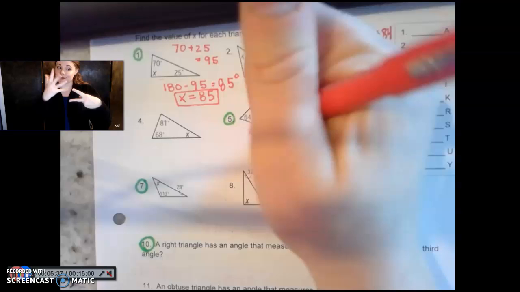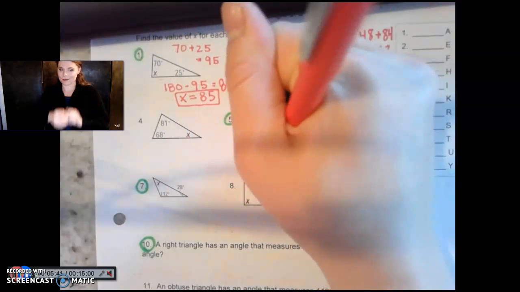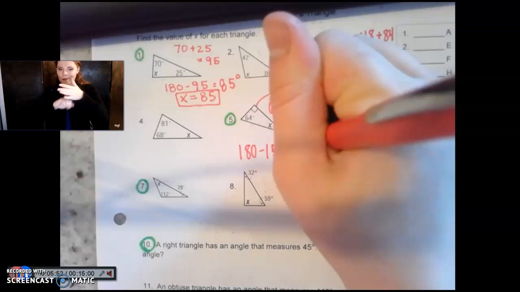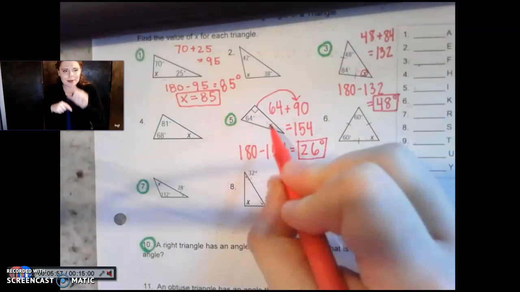And step 2, subtract it from 180. 64 plus 90 was 154, and so now 180 minus 154 is 26, which again makes sense because our angle was small. It was an acute angle.